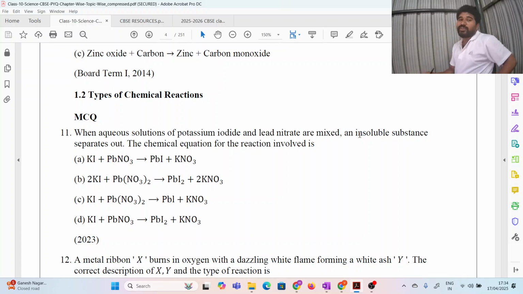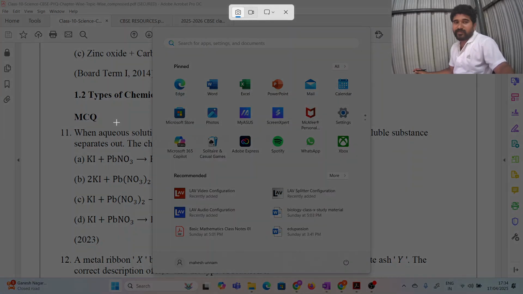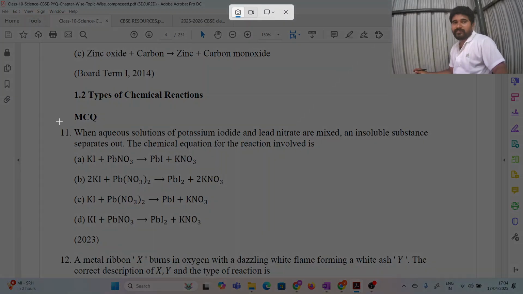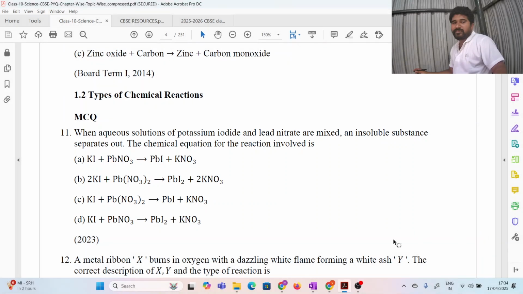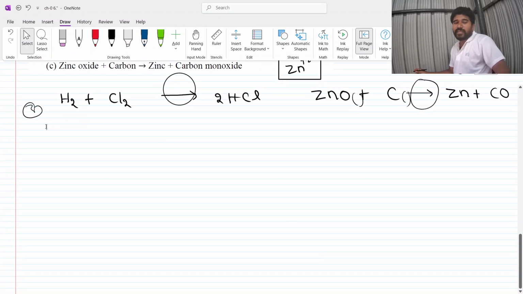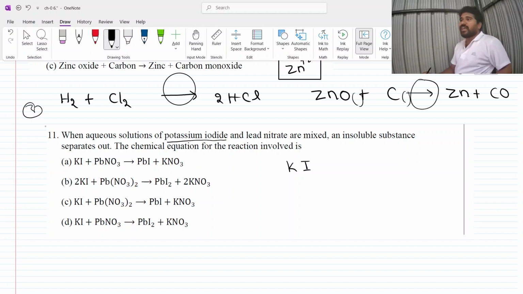Next, when aqueous solution of potassium iodide and lead nitrate. Please try to answer this question. This reaction is one of the very important reactions. Most of the time you will see this. Understand? What is that? Potassium iodide, KI, plus lead nitrate.